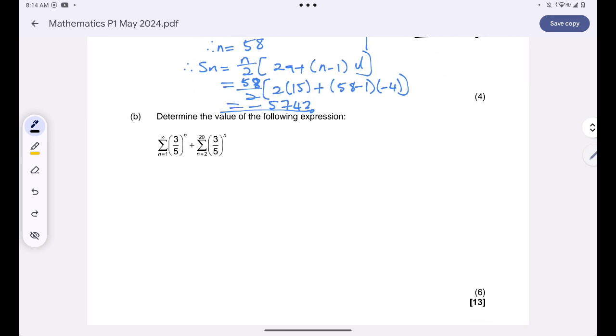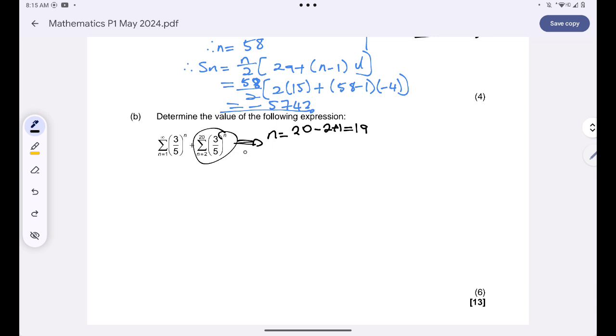Now we are told to determine the value of the following expression. In that expression, we must calculate the sum to infinity, and this one is the sum of the series. The number of terms for the second sigma is top minus bottom plus 1, which is equal to 19.